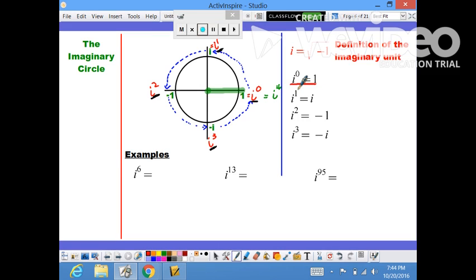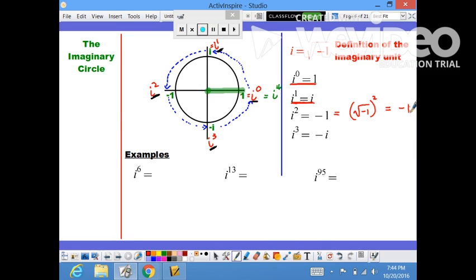All right? I to the power of 1 is I. I squared is -1. Well, how can that be? Well, first and foremost, I itself is the square root of -1. But if we take that and square it, when you square something that's being square rooted, it just gives you the answer that's under the square root symbol, which is -1. Okay?